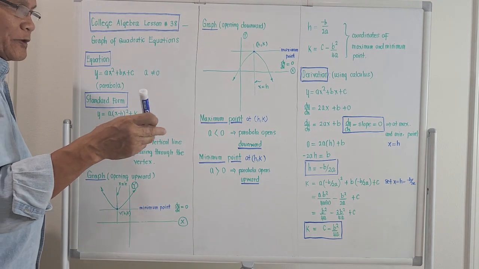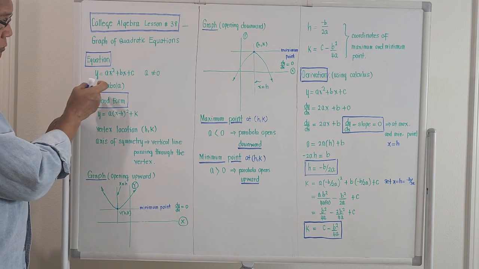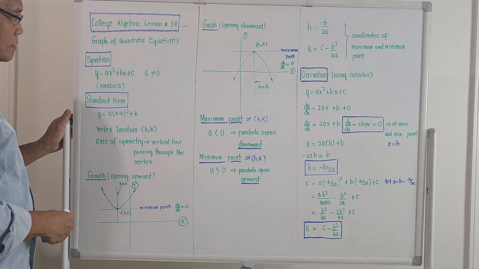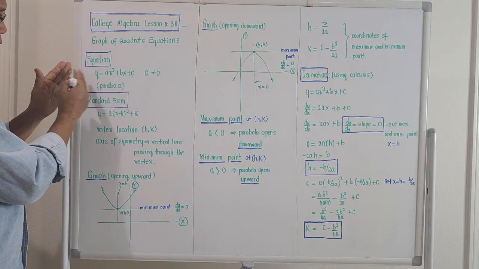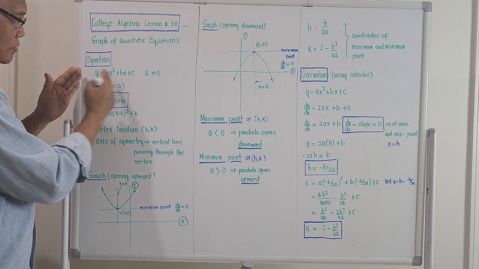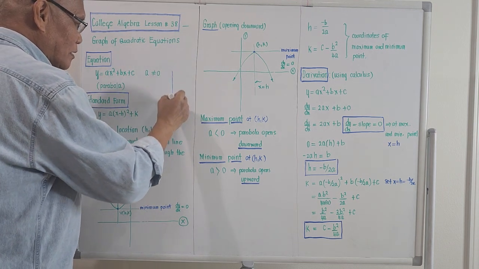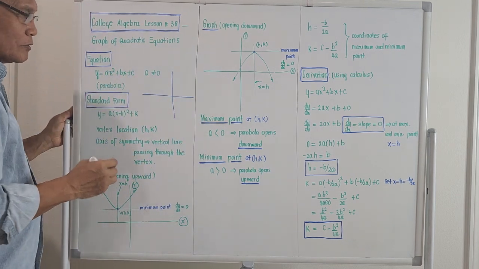The quadratic equation is given by y equals ax squared plus bx plus c. If the variable on the left hand side is y and the variable on the right hand side is x, that is the so-called Cartesian coordinate system.